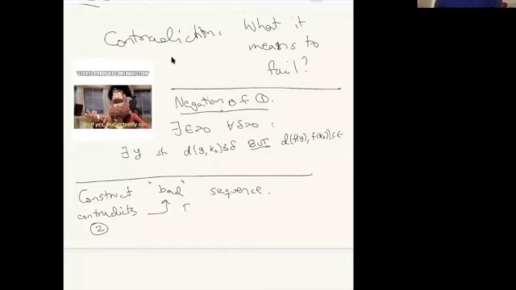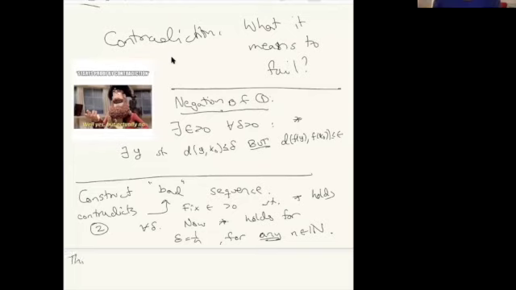So let's fix an epsilon so that star holds for every delta. Now star holds for delta equals 1 over n for any n natural number.